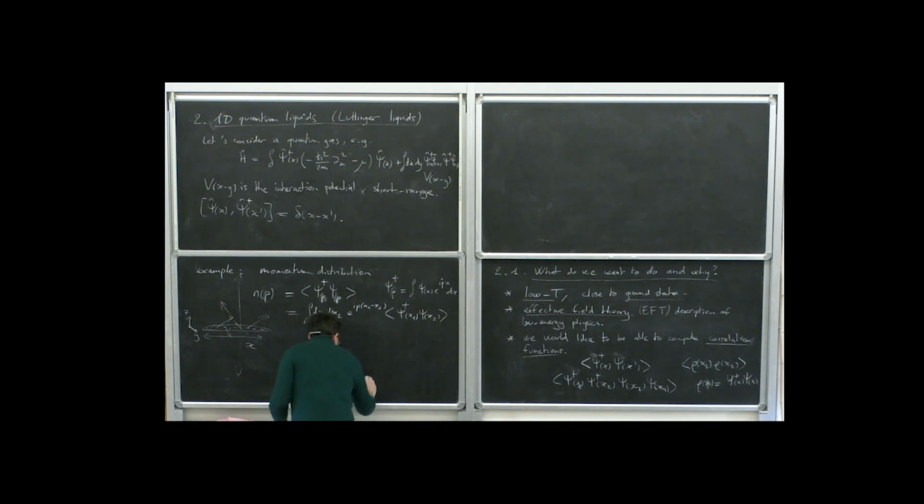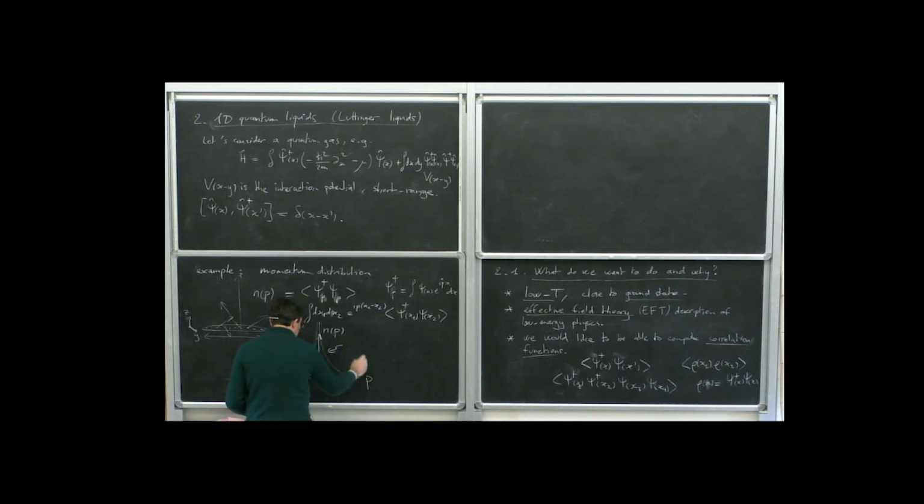You have this momentum p, and if you plot n of p, close to the ground state it has a peak. At low momentum, it goes as a power law.